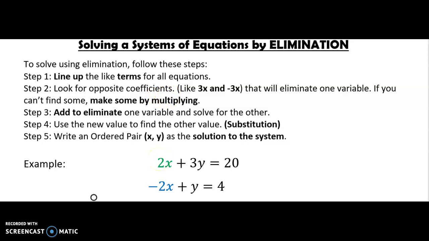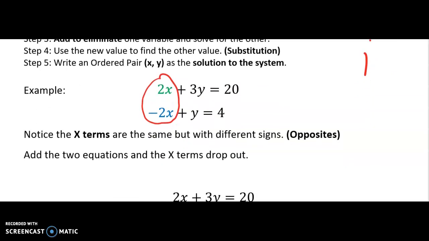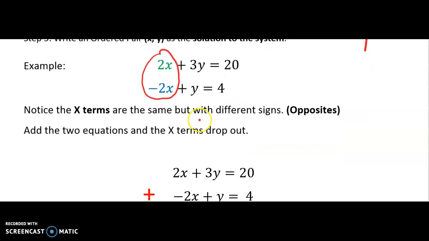Our x terms are opposite. There's a positive 2x and a negative 2x. So the x terms are the same, but with different signs.